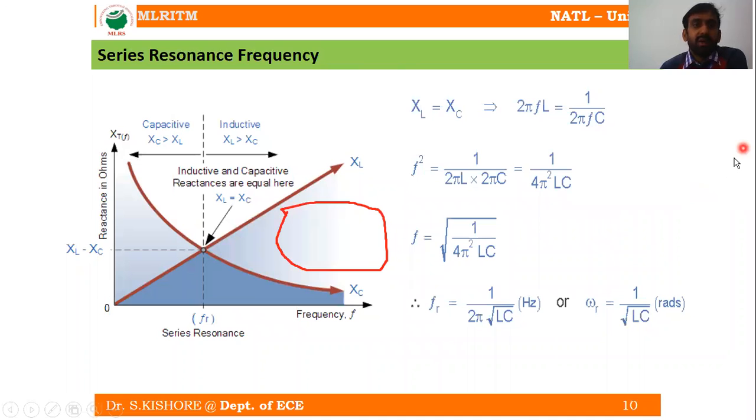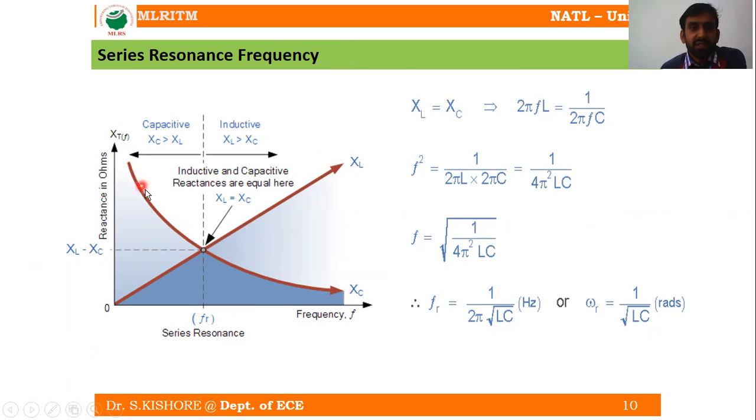Right. Now let us plot the total reactance XT with respect to the frequency. We know this linear line, which we have already seen, indicates the response of the inductive reactance against the frequency. The other one indicates the capacitive reactance against frequency.